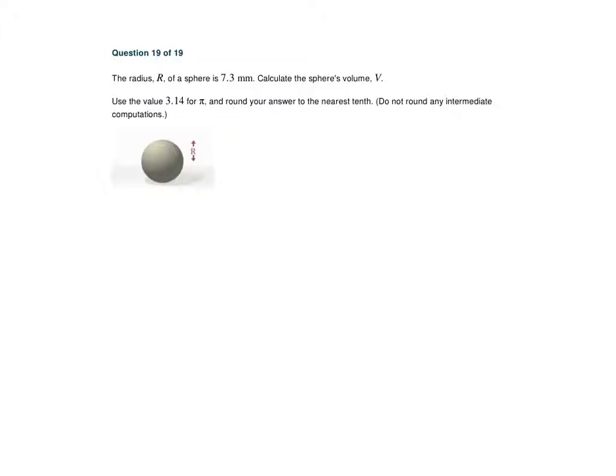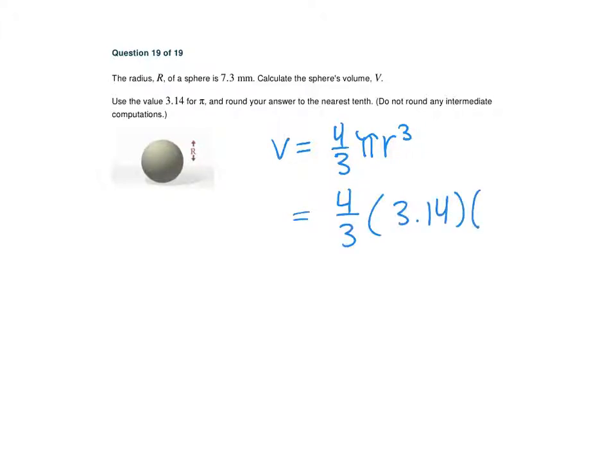Question 19 is asking us to find the volume of a sphere, and that formula is V equals 4/3 pi r to the third power. Again, this is on your formula sheet, so just fill in what you know. 4/3 times 3.14 times 7.3 to the third power.